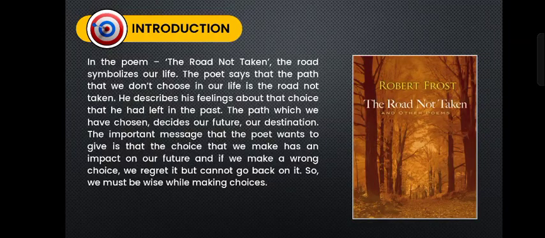Before moving to the poem, we'll introduce the poem first. The poem basically refers to the idea of human decision making.